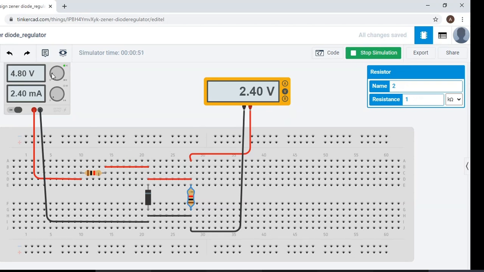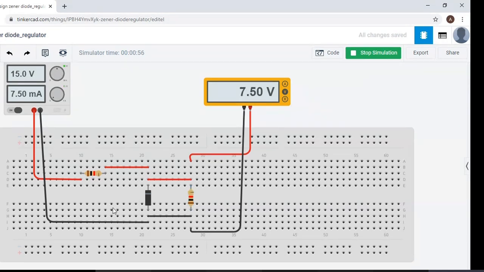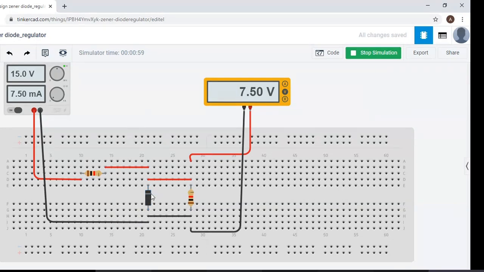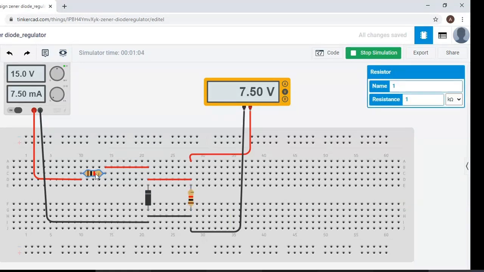And when we increase the input voltage beyond the breakdown voltage, suppose it is 15 volts and the breakdown voltage is 12, now the voltage drop across this resistance, since we are using the same resistance, will not be affected much and you will be having the 50% voltage drop across this resistance.